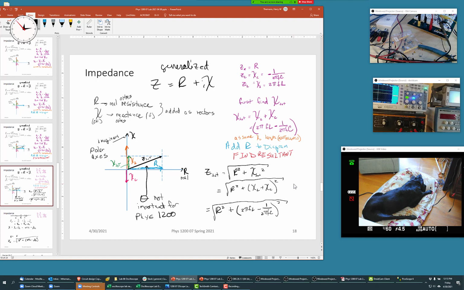But what happens is, as that angle grows, and just FYI, that angle is called a power factor.